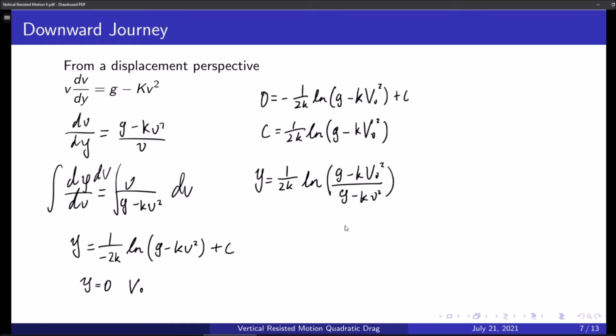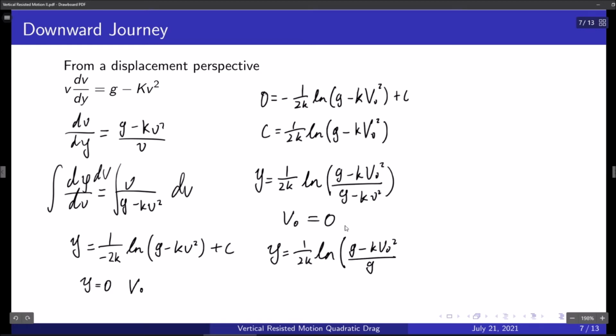Okay, so once again, things will probably be made easier for you by having the initial velocity equal to 0. So we end up with just y equals 1 over 2k log of g minus kv naught squared over g. Yep. So this is pretty straightforward.